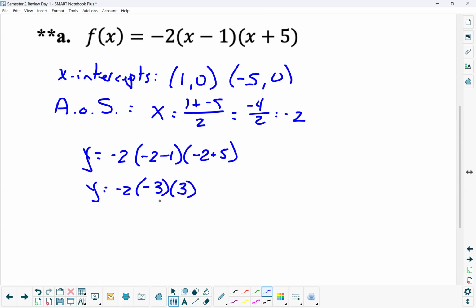Remember, when we're finding our vertex in intercept form, the two numbers in the parentheses are always going to be opposites. And then if I multiply, negative 2 times negative 3 is positive 6, times positive 3 is 18. So our vertex is (-2, 18).